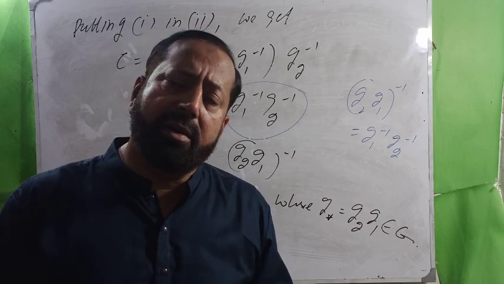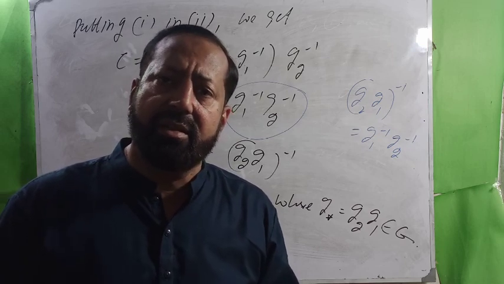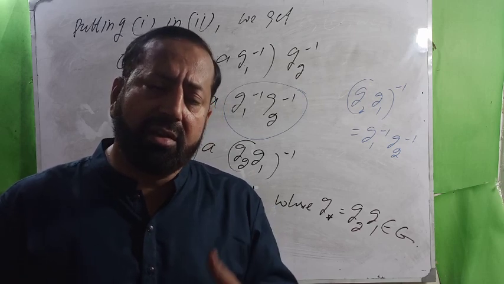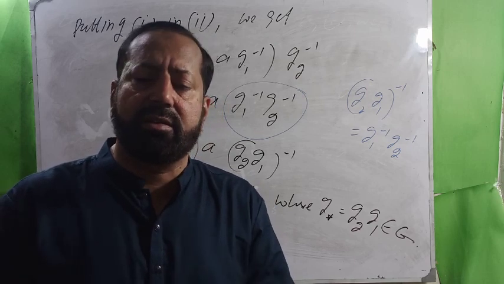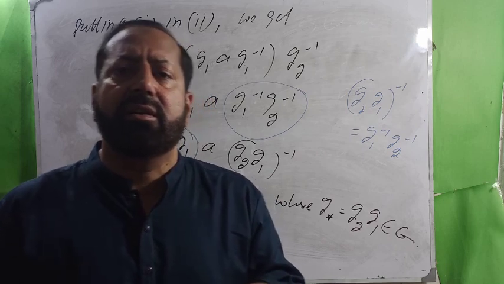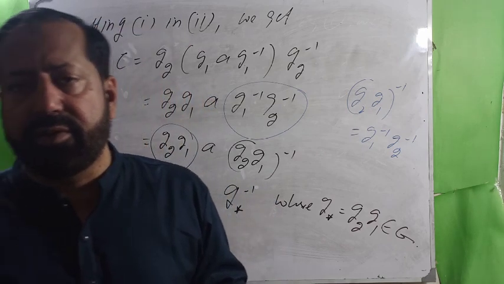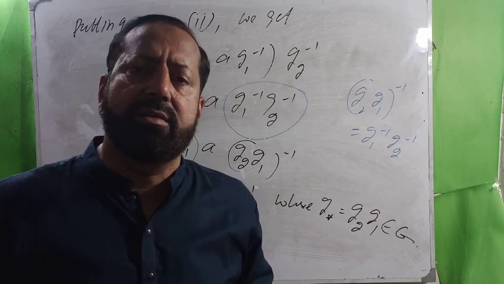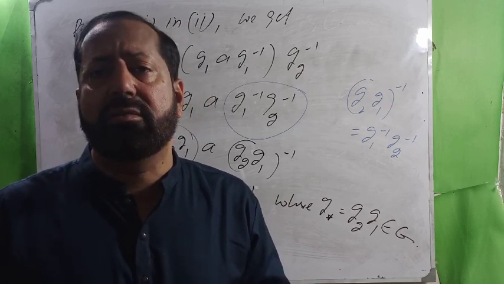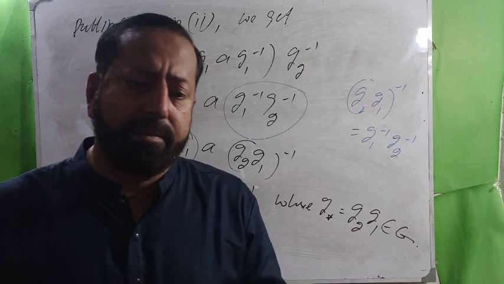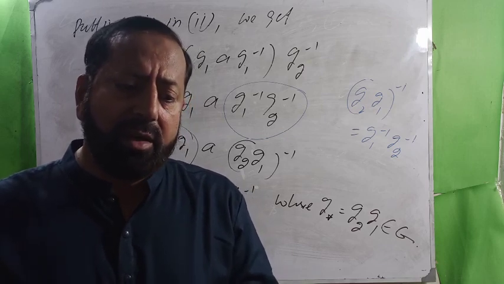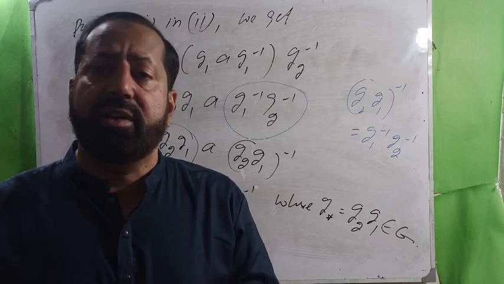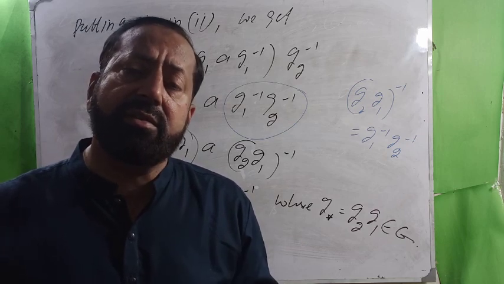So is there any benefit of this equivalence relation? Yes, any equivalence relation can always define a partition of that set. If you define a congruence relation on the set of integers, you can always define a partition of the set of integers. Suppose I want to find 100 classes of the set of integers.